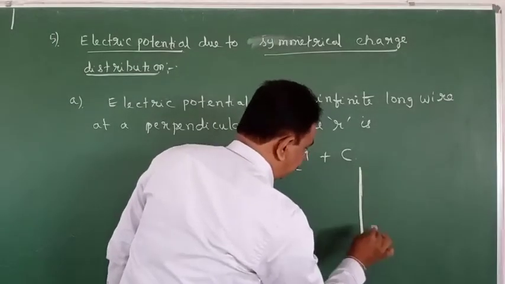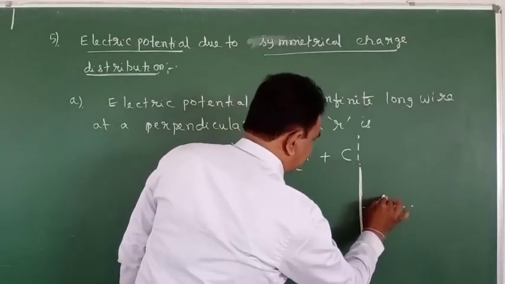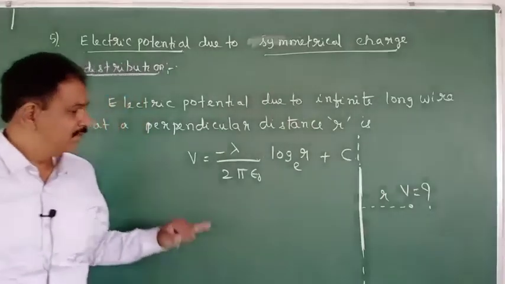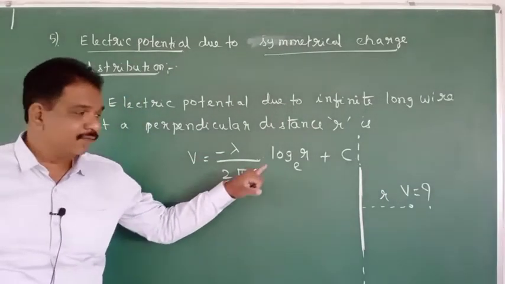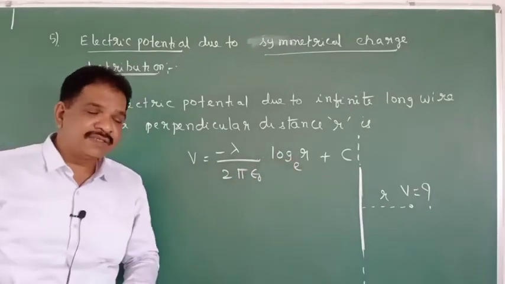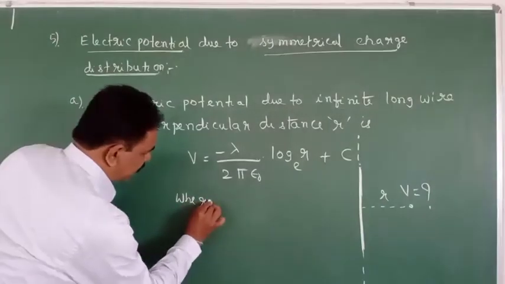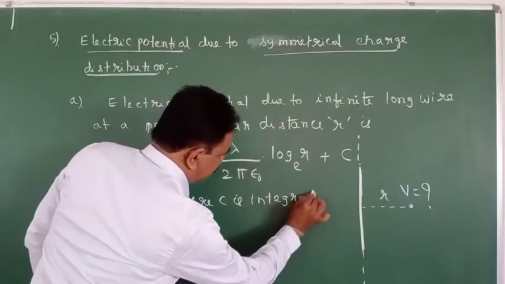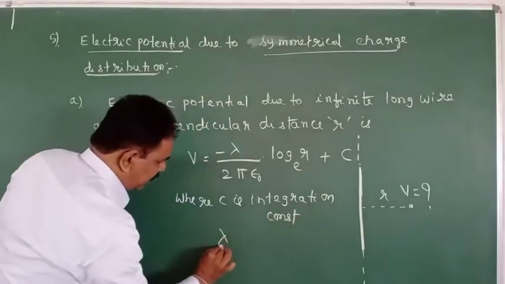From this wire at a perpendicular distance of R, the potential is minus lambda by 2 pi epsilon naught log R base e plus C, where C is the integration constant.